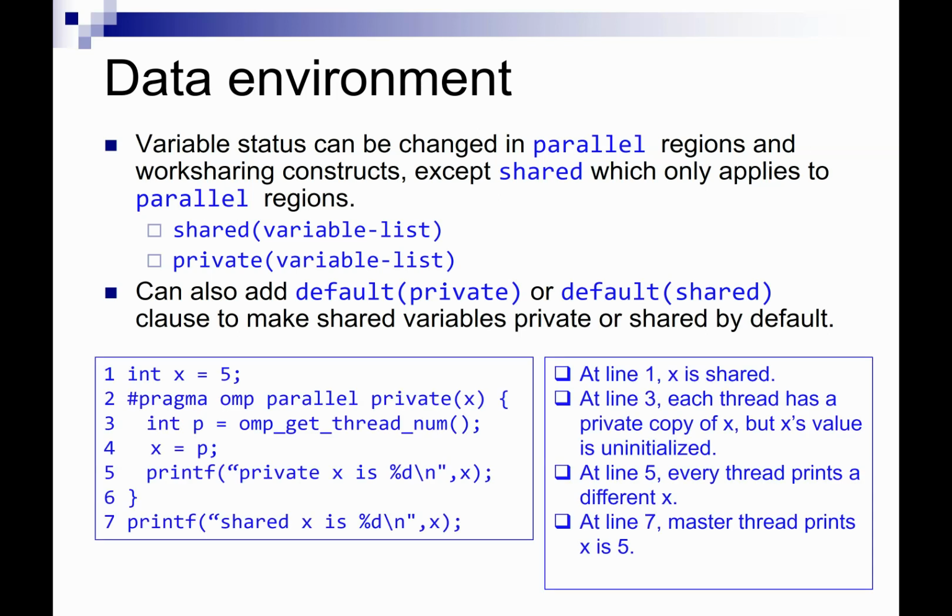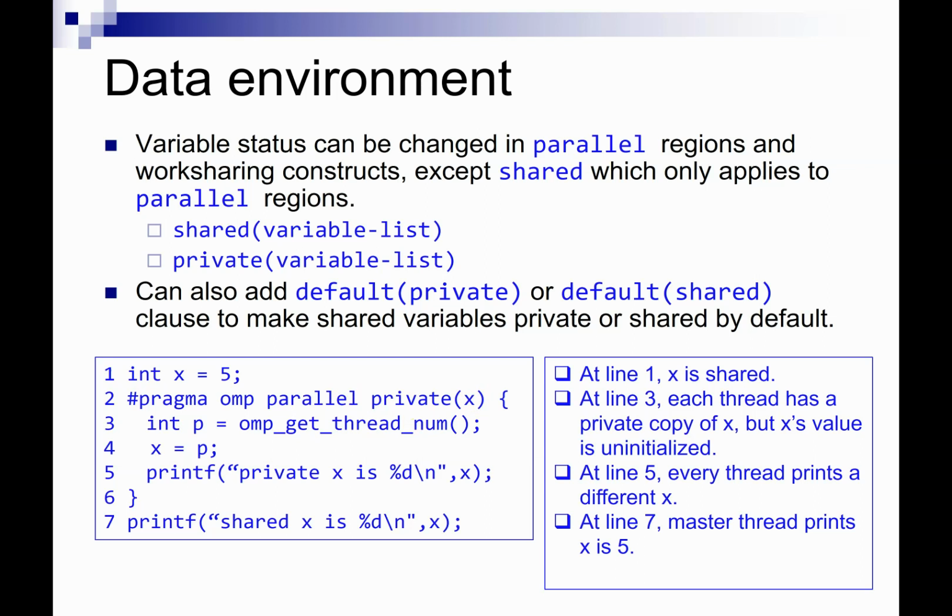Here's an example of controlling the sharing of variables. Suppose you have this variable x. Initially it's 5, and then we start a parallel region. But before we start the region, you say that x is private. This means that in this parallel region you have multiple threads, but now each of them will have its own copy of x.